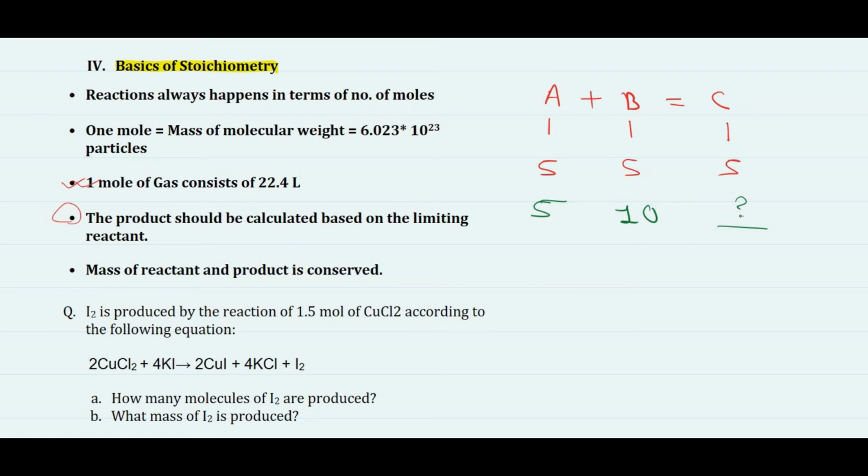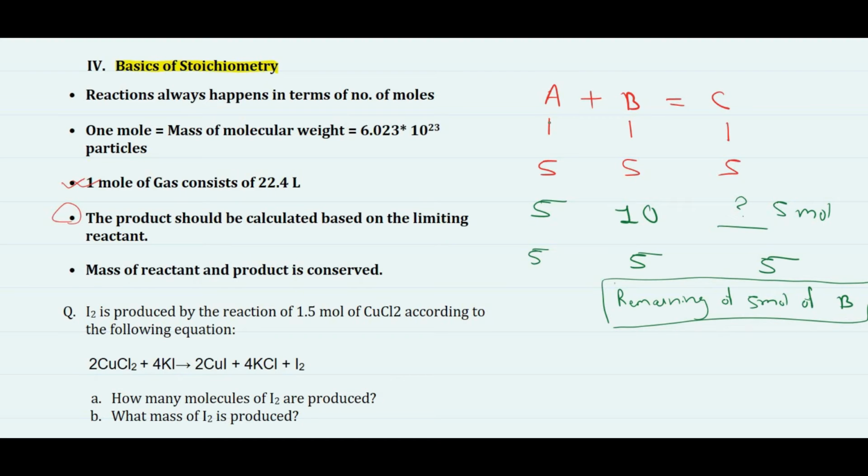The answer is it would form 5 moles, because the 5 moles of A would completely react with 5 moles of B and produce 5 moles of C, and there will be 5 moles of B remaining. This is the concept of limiting reactant. A was initially 5 moles, which got finished, while B had 10 moles.